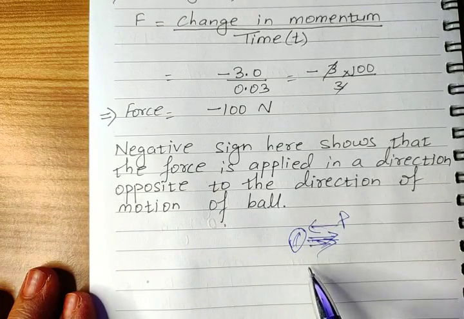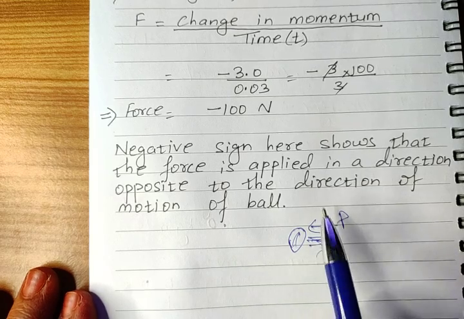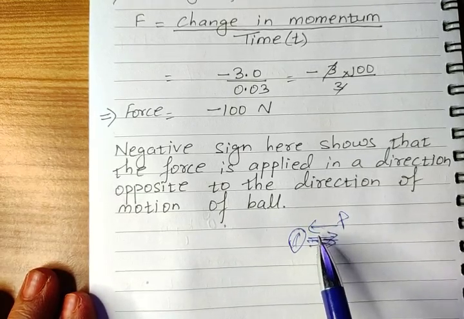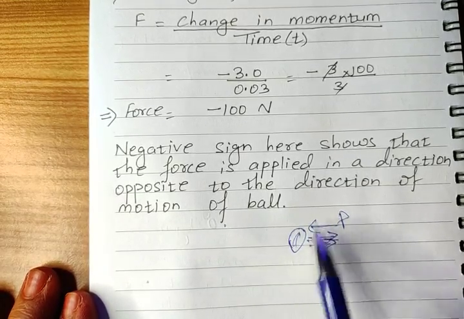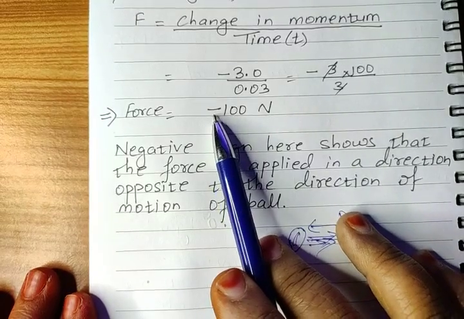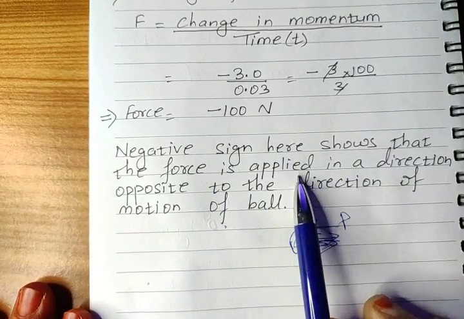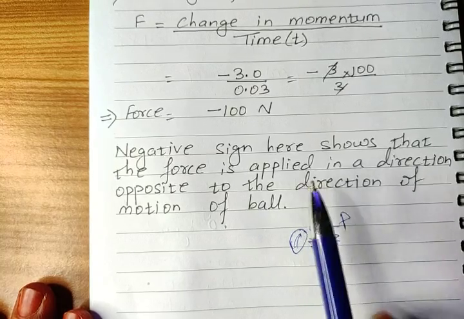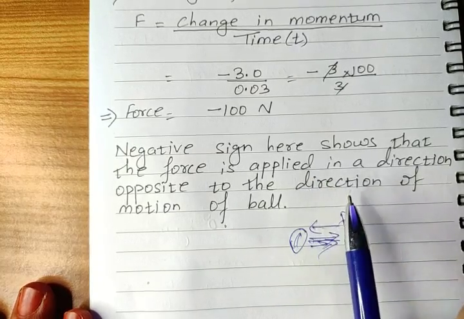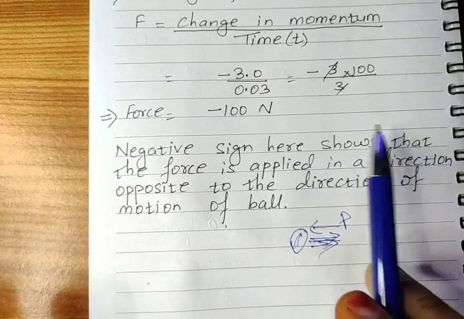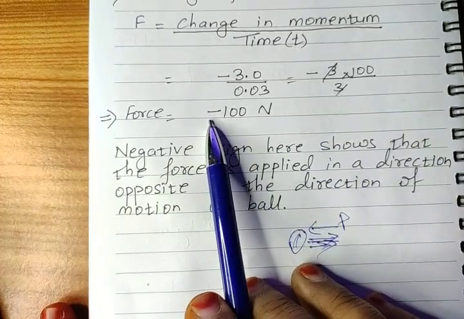Then only the ball stopped, no? So as the force is applied from the opposite direction, that's why there is a minus sign. That much only the sign shows.